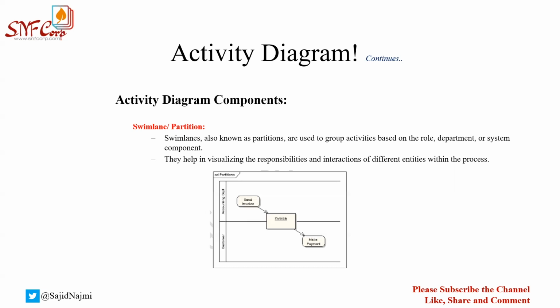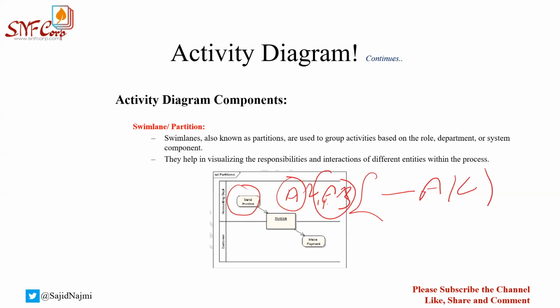Let's say this is action 1. I can have action 2. I can have action 3. So action 2 and action 3 will be done by the account department and not by the customer. This is what it is trying to show. So whatever you have in this area will be done by the account department only.